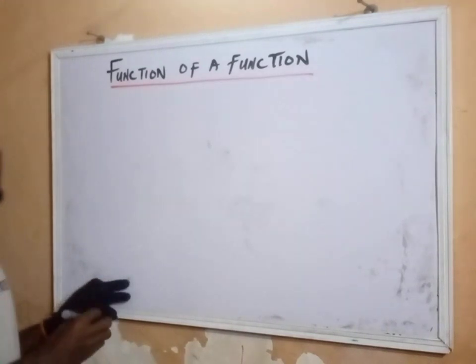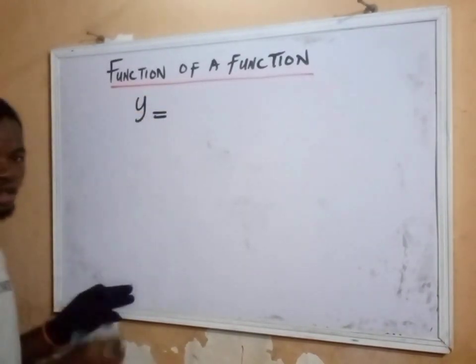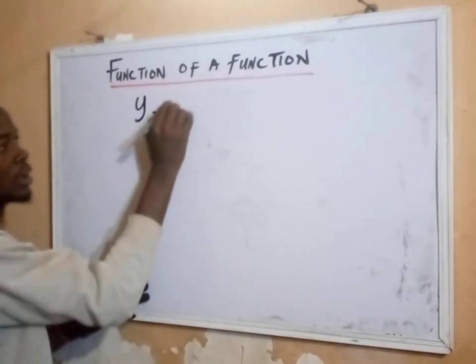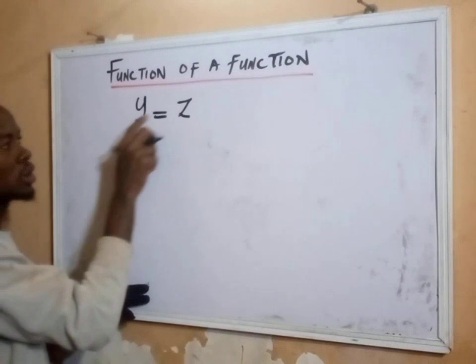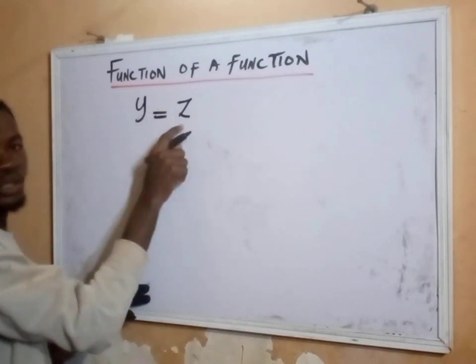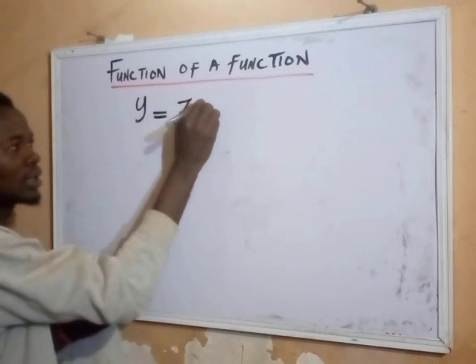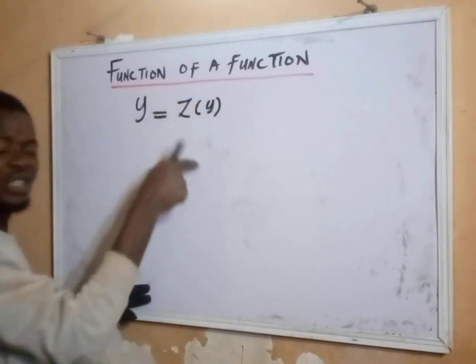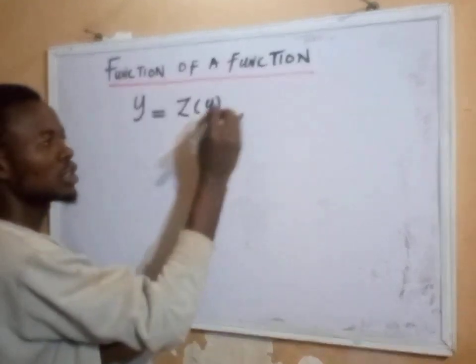Suppose we are given a function y which is equal to z. So suppose y equals z, and this z means y is a function of z. And we still have another function.